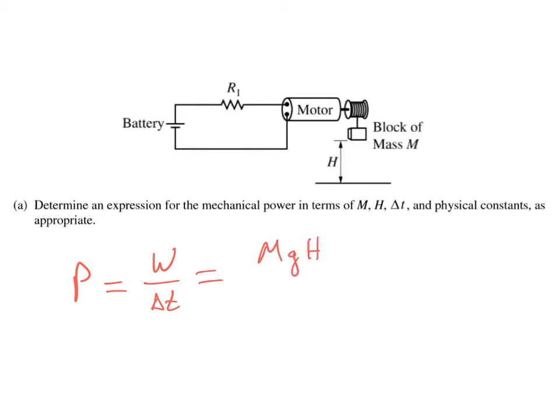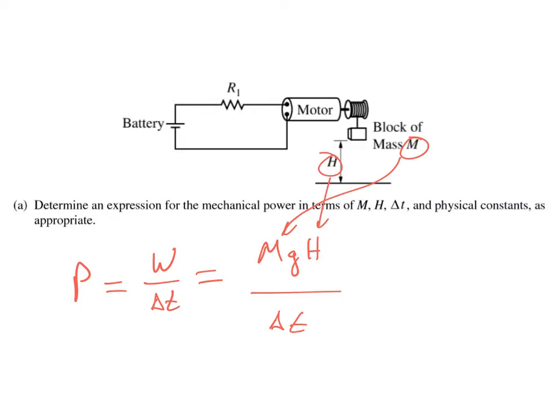And I did capitalize M and capitalize H because our variables M and H are also capitalized. So we're just physically pulling things from the setup and calling it good. And which in this case is all we need to do. It's just asking for how much work is being done over a given amount of time, delta t. And you might think, all right, well, what should we do with this?